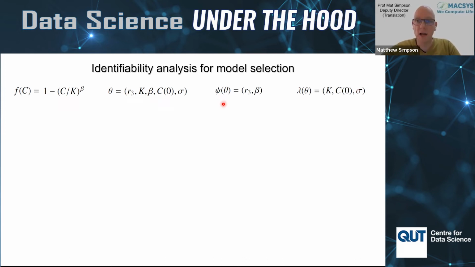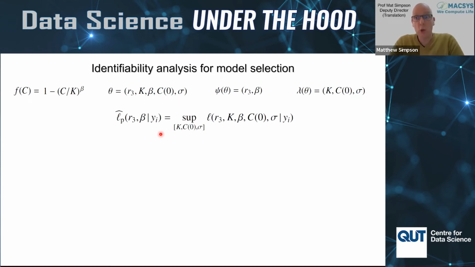So what I can also do to provide extra information into the Richards model is to think about constructing the profile likelihood with different interest parameters. Here I'm going to consider the growth rate and the exponent as interest parameters, and I'm going to optimize out the remaining nuisance parameters. So I'm going to be looking at a bivariate profile likelihood here. And of course, what I can do is evaluate this bivariate profile likelihood across a simple square mesh in R-beta space.